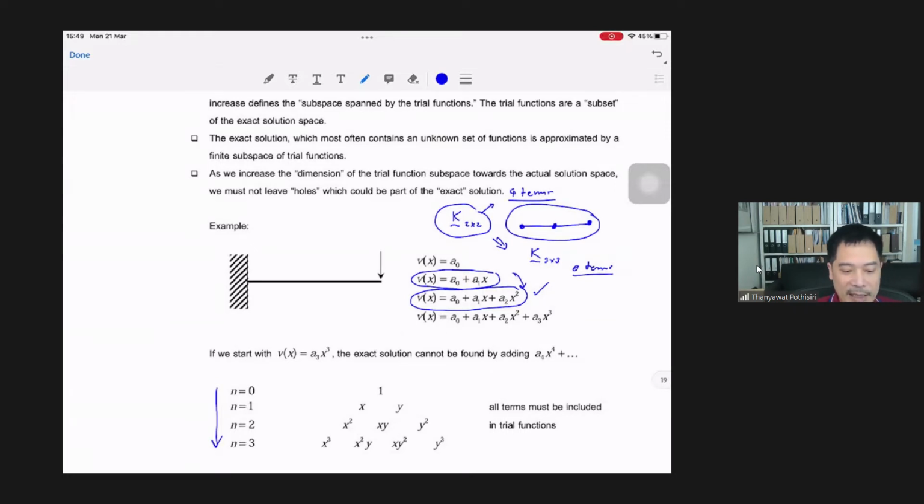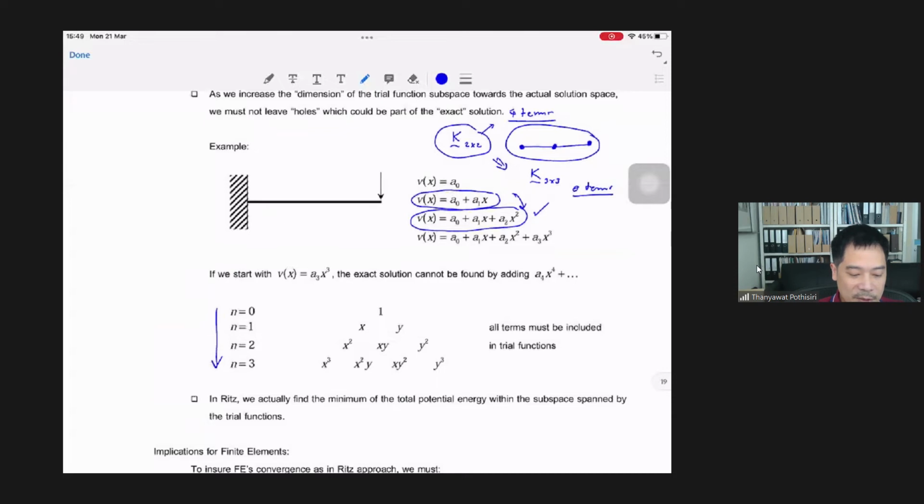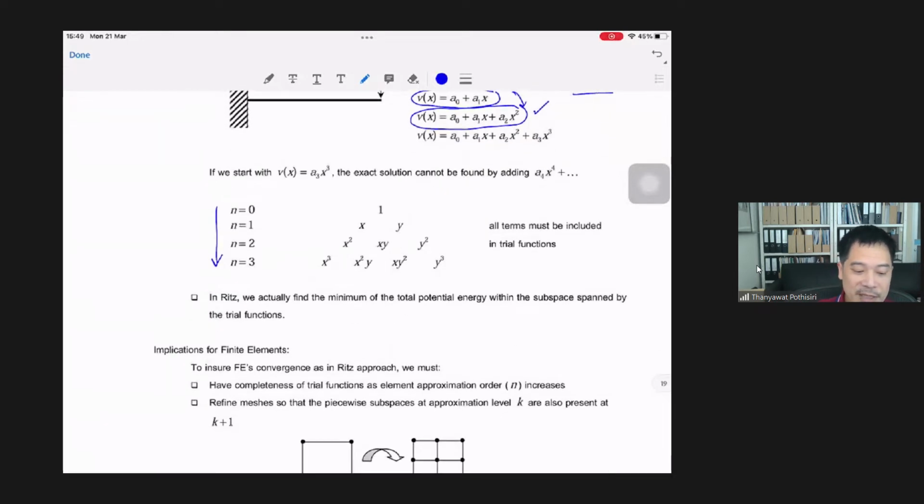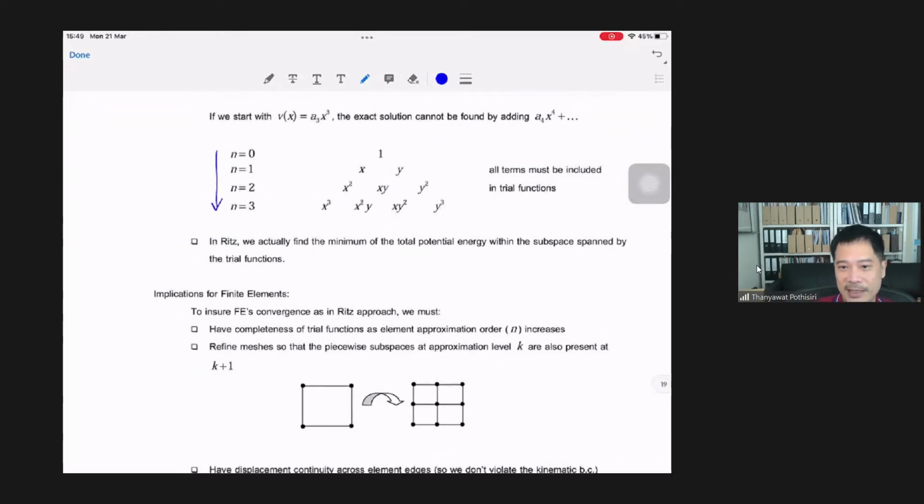So instead of doing this, instead of increasing the order of polynomials or increasing the order of functions to approximate the displacement field, what you can do is keep the order of approximation function for your displacement, but you can refine your mesh, okay? Or you can use smaller elements.